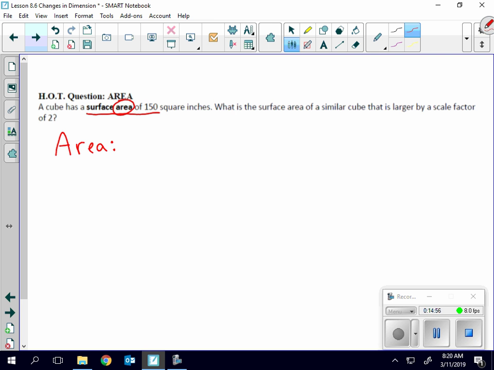Length times width, that's 2 things. So area is 2-dimensional. So if you think about that, you have an original surface area and you want a new surface area that is larger by a scale factor of 2, well, what are we going to raise that to? What power are we going to raise the 2? Think about that.